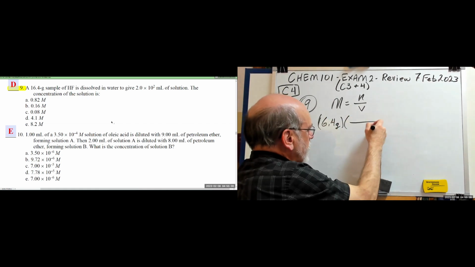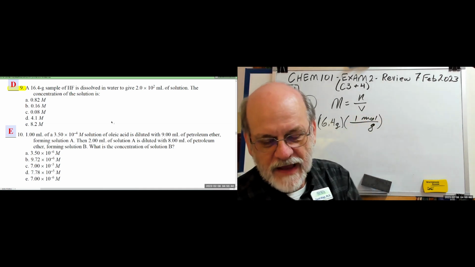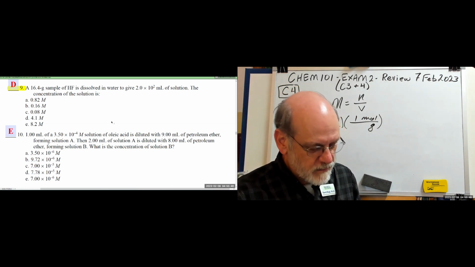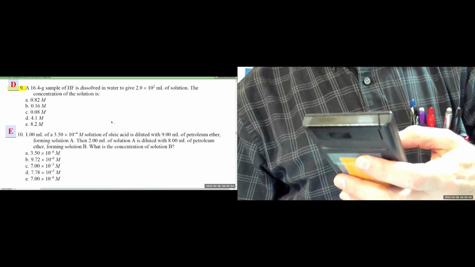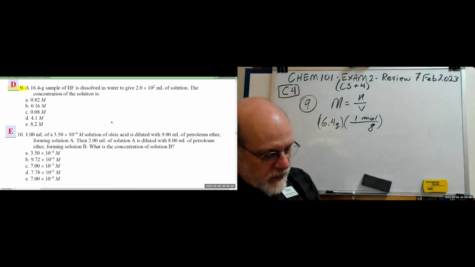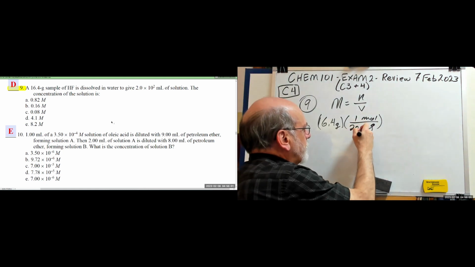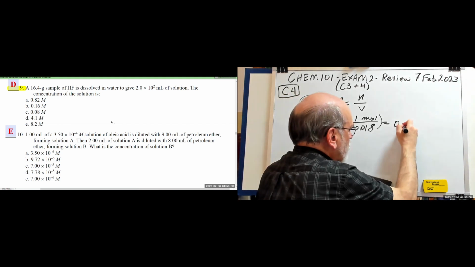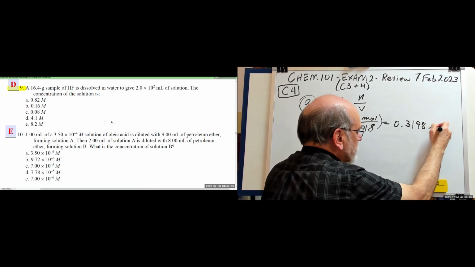Let's see, we need grams on the bottom, moles on the top. So what's the molar mass of hydrogen fluoride? Well, hydrogen is 1.01, and fluorine is, I believe, rounded off 19. Yes, rounded off 19. So that's 20.01. We're going to divide that into 6.4, which is 0.3198 moles.